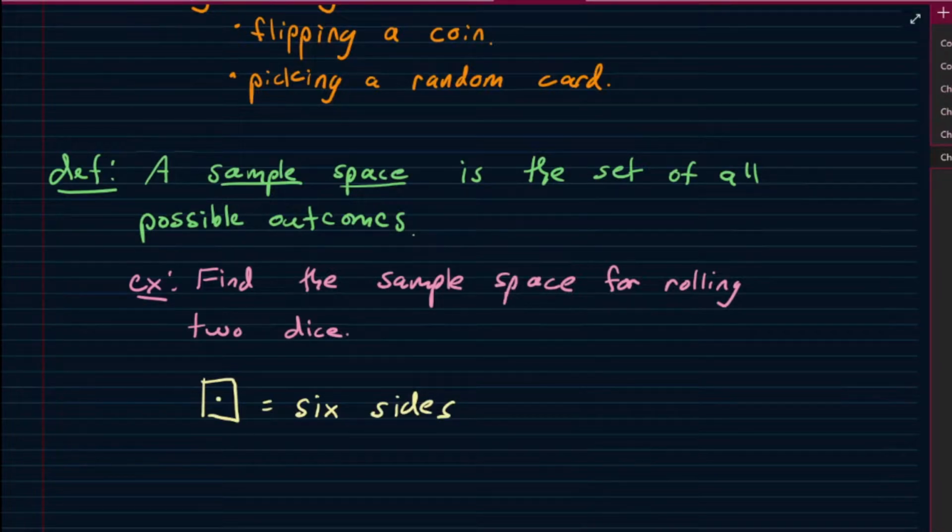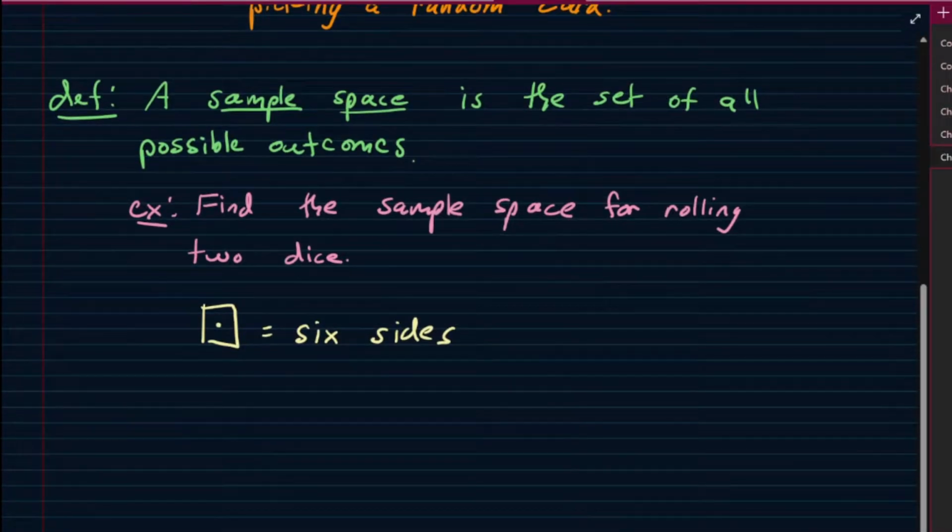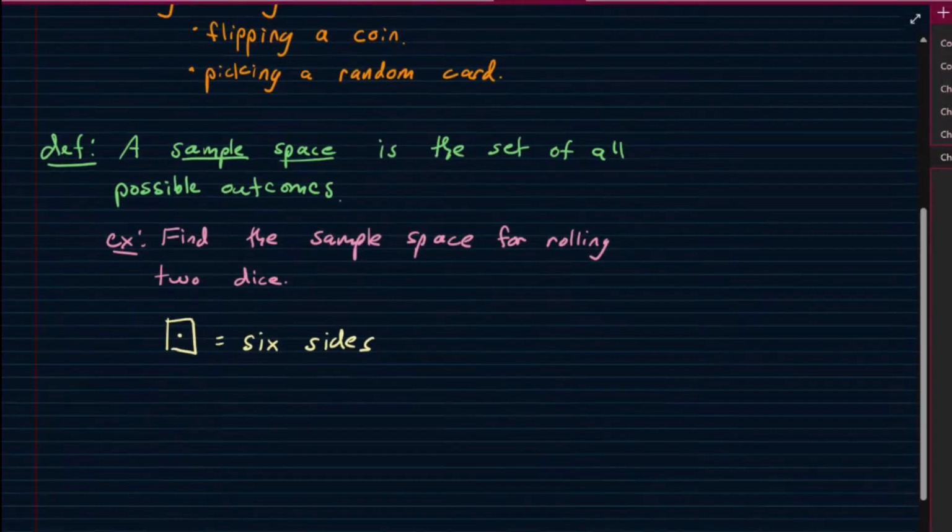So what is every possible outcome? Well, one outcome is we get a 1 on the first die, a 1 on the second die. We're not talking about the sum; that would be a different thing. We also can get a 2 on the first die and a 1 on the second die. A 3 on the first die, a 1 on the second die.